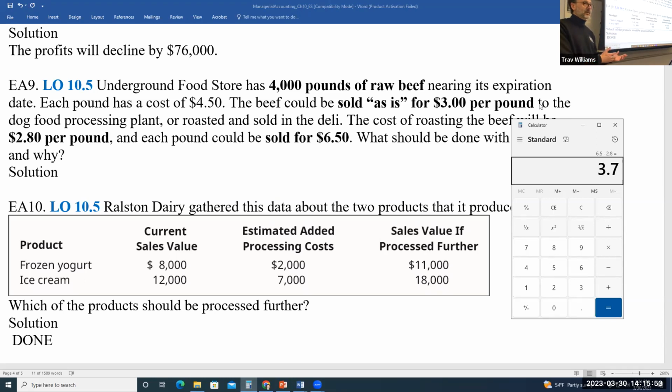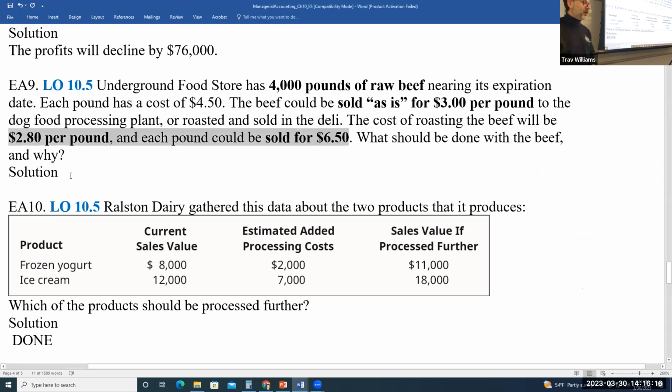Versus $3 if we sell it to the dog food processing plant. So we come out a little bit better by selling it as roast beef. Now, in both cases, we already had a $4.50 cost per pound. So we're losing money either way. But at least if we roast it and sell it as roast beef, we're not losing quite as much money.